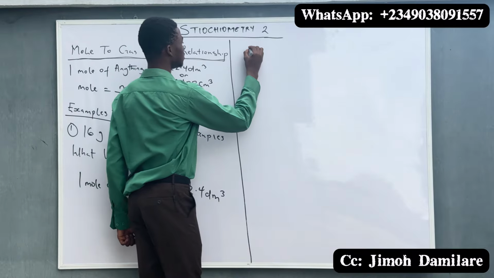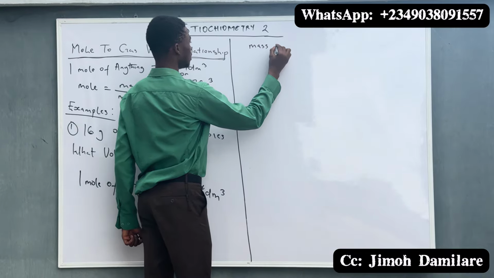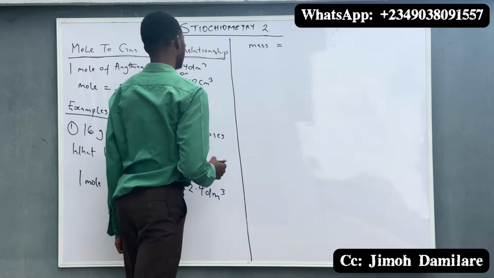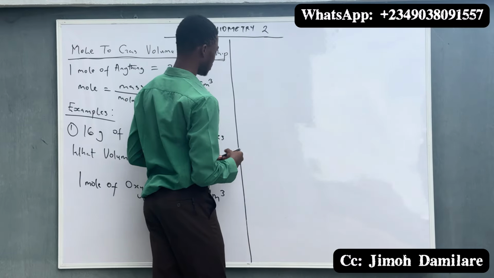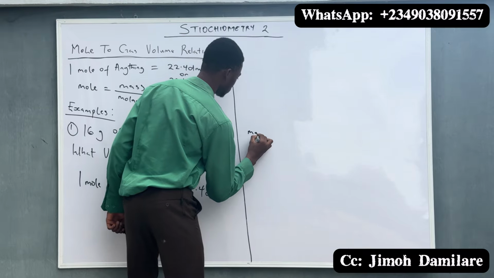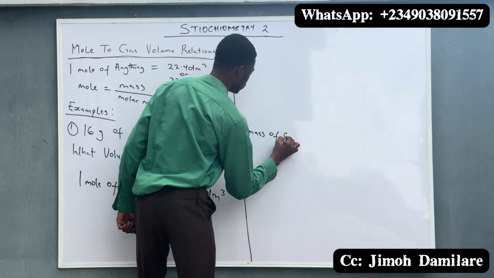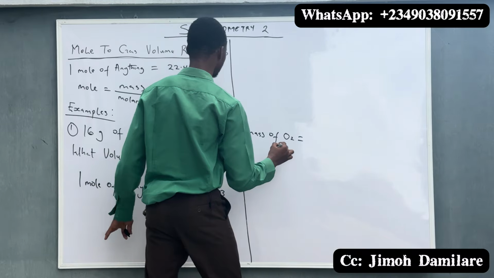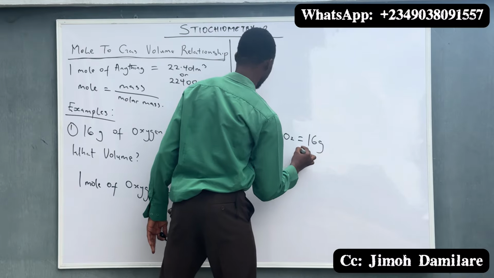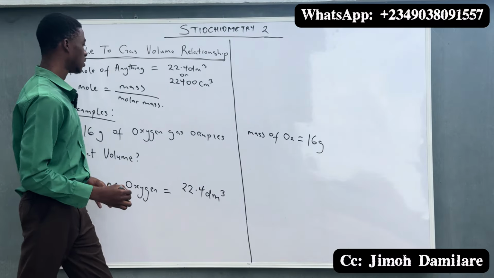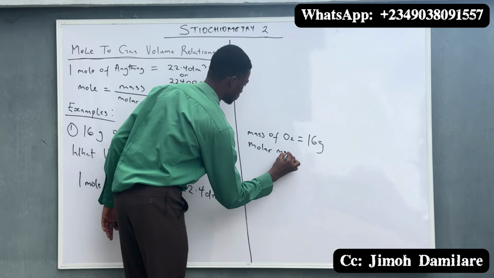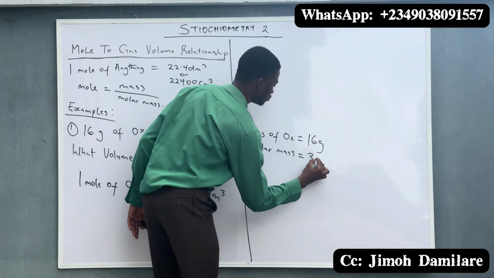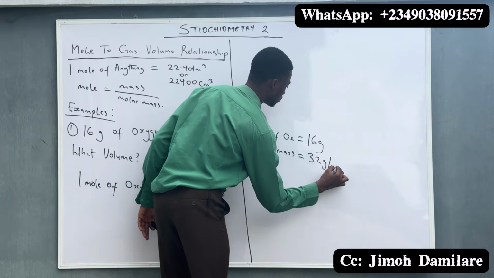So the mass of oxygen, mass of O2, is equal to, from the question, 16 gram, while the molar mass of oxygen is equal to 32 gram per mole.